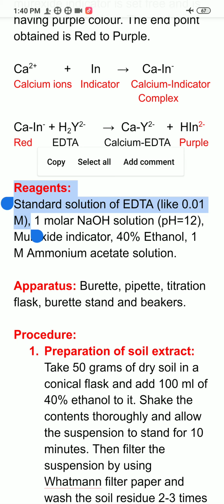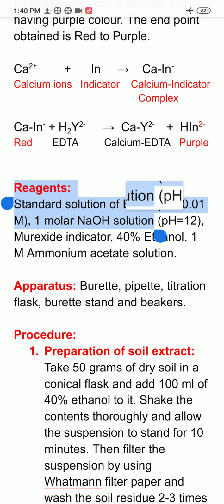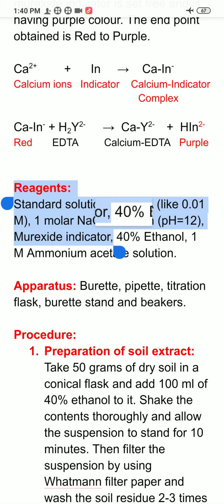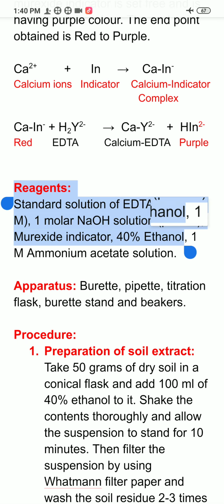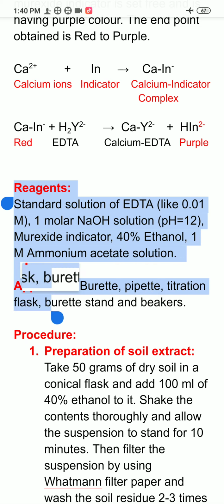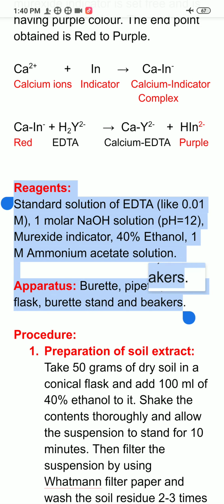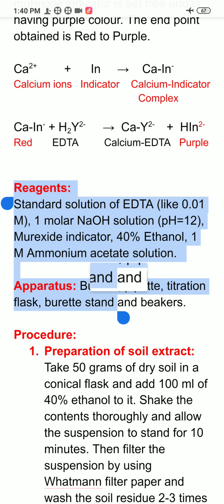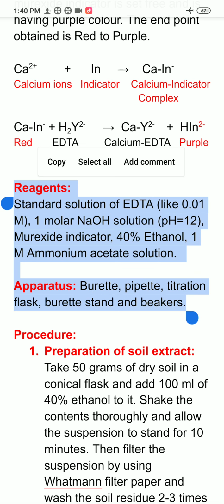Then we require 1 molar NaOH solution, whose pH is about 12, and we require murexide indicator, 40% ethanol, and 1 molar ammonium acetate solution. So these are the different reagents that we require, and the apparatus that we need are burette, pipette and titration flask, burette stand, all these for titration purpose, and beakers also.